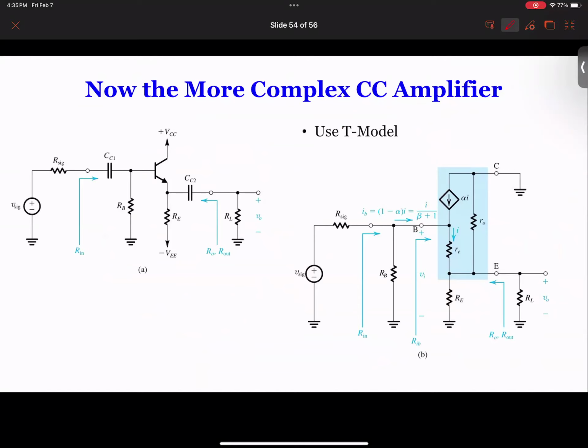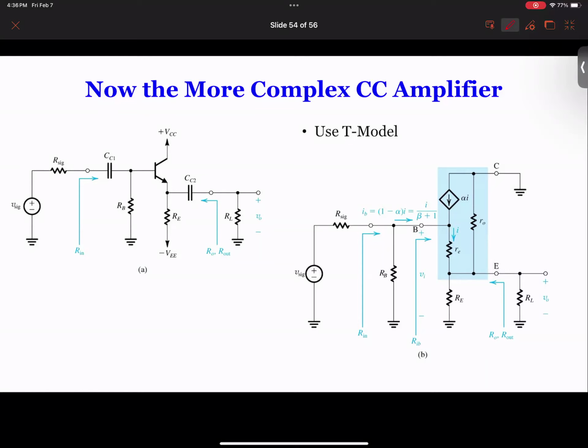Now, if we want to look for the input resistance, what we need to do is short the output. Basically, if we short this one, the whole thing gets shorted, so this becomes the short circuit. We apply voltage as input, and we find out the current. So we use input voltage divided by current, and we get the total input resistance.